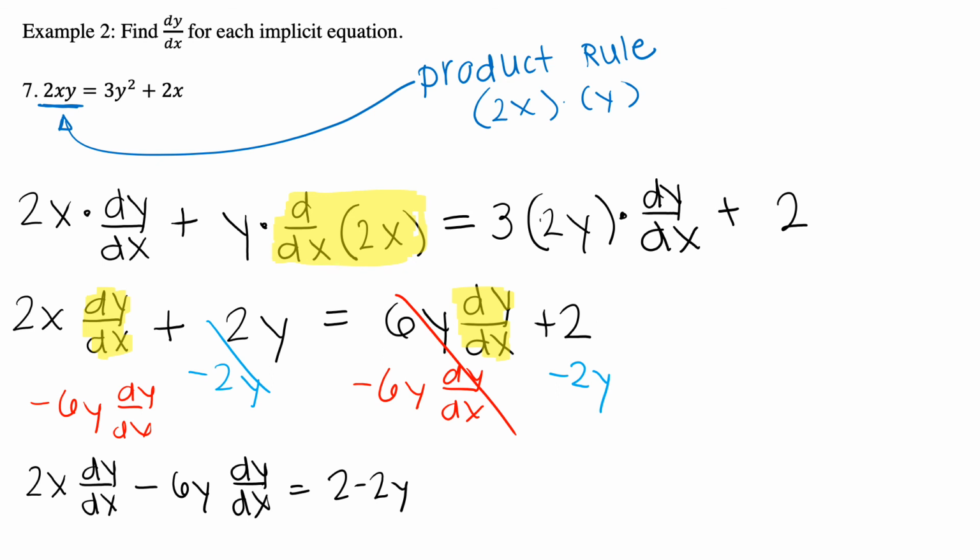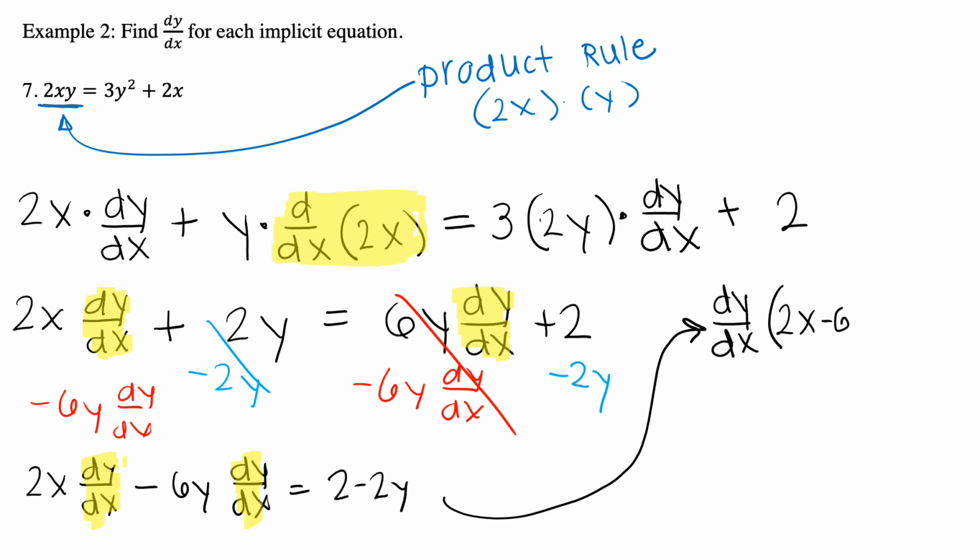Hopefully you're seeing the pattern here. Now that I have my dy/dx's on the same side, I can factor that out. So I have dy/dx times 2x minus 6y is equal to my right-hand side, 2 minus 2y. Then I can divide both sides by 2x minus 6y.